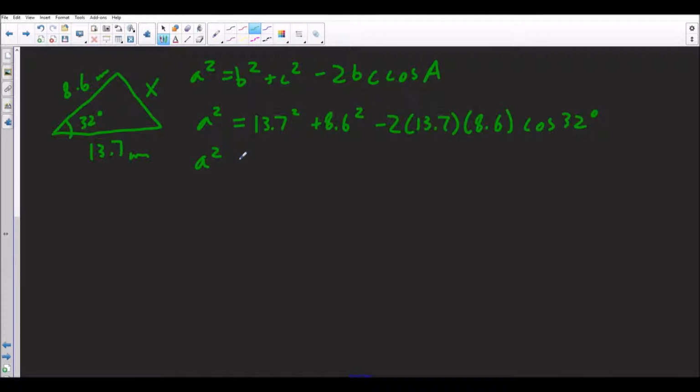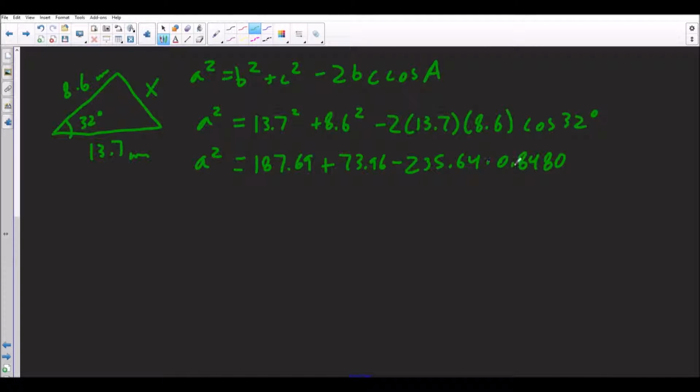We're going to have a squared is equal to, let's see here, 13.7 squared is 187.69 plus 8.6 squared is 73.96 minus, and all this stuff multiplied together, 2 times 13.7 times 8.6 is 235.64 multiplied by cos of 32, which is just 0.8480.